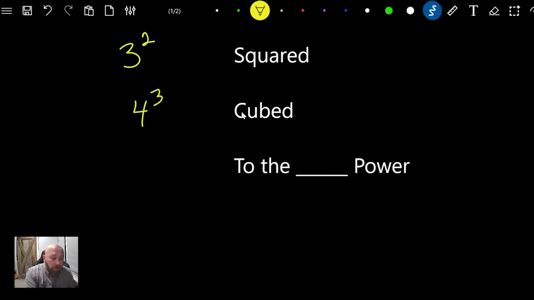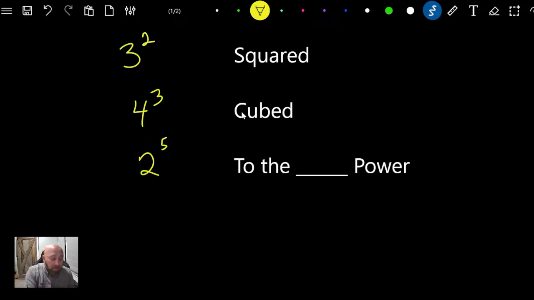So if it's got a 2, then it's squared. If it's got a 3, then it's cubed. The next one, let's say we'll put a 2 here, and we can put any number we want other than a 2 or a 3. Any number. So 2 with a little 5 right here.